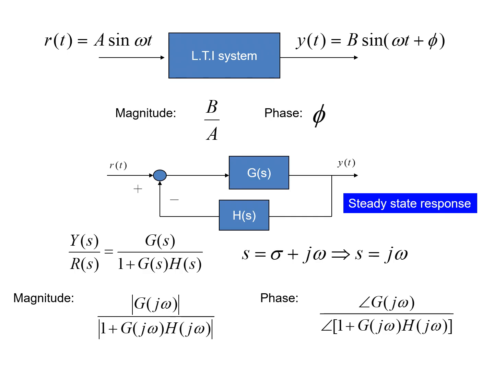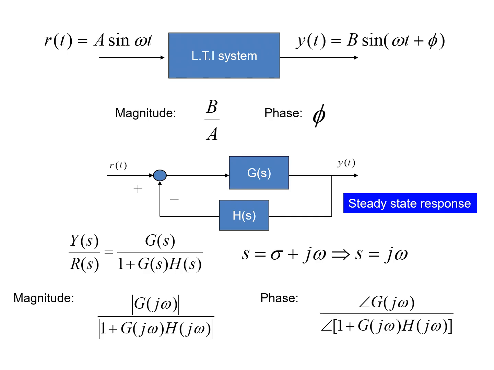This block is the simple closed loop system. For the steady state response, the transfer function is Y(s) per R(s) equal to G(s) divided by 1 plus G(s)H(s), and s equal to sigma plus j omega. We transfer it into s equal to j omega because we analyze it in the frequency domain.